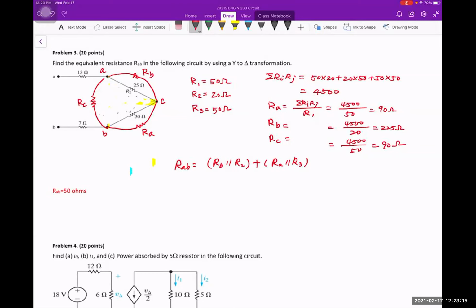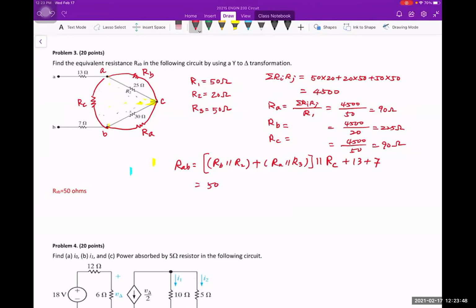And this whole thing is going to be in parallel with your RC, and then that has to be in series with 13 and 7, which means you have to add 13 and add 7. So that's your RAB, the total resistance of the circuit. If you do that, it's going to give you 50.